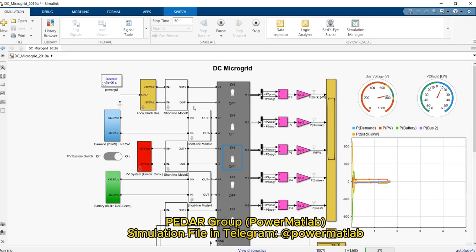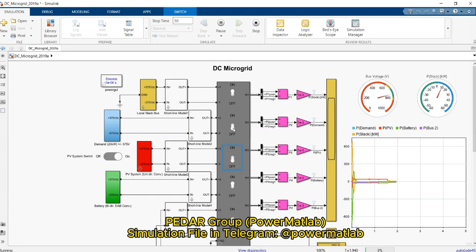That shows us the slack bus injects power with the aim of controlling the voltage in the DC system. So if you turn on the demand again, when the PV system is disconnected from the system, the slack bus power is increased.